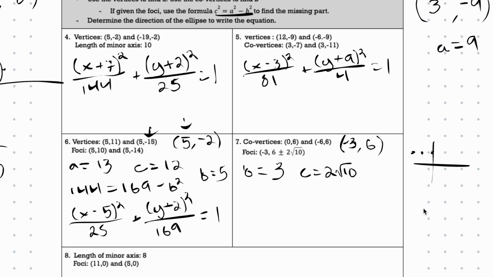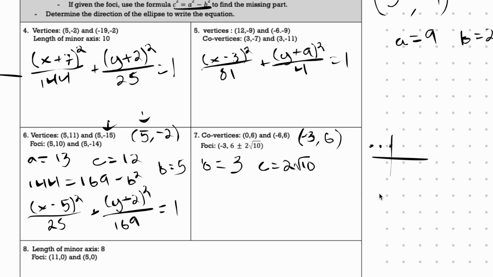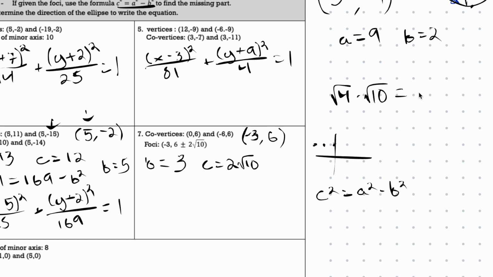So 2 root 10, now we just plug this into c squared equals a squared minus b squared. 2 root 10 squared, just real quick, 2 is the same thing as root 4, right? So I can say 2 root 10 is equal to root 4 times root 10, which is the same thing as saying it's equal to root 40, and that's all equal to c.